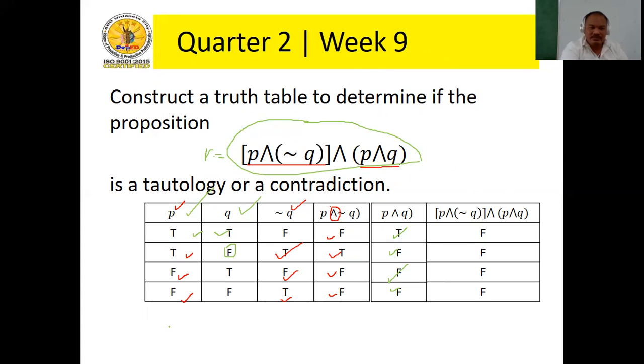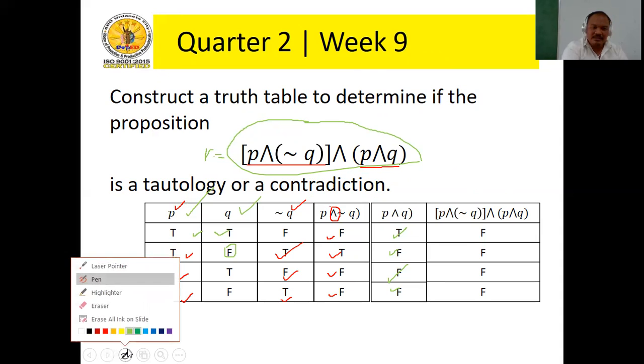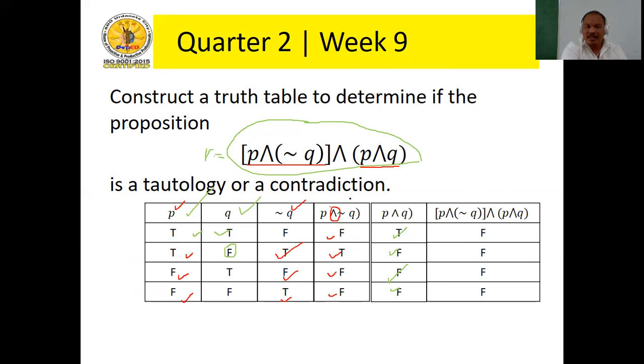Our concern now is the two columns, P and not Q, and P and Q, joined by the conjunction.